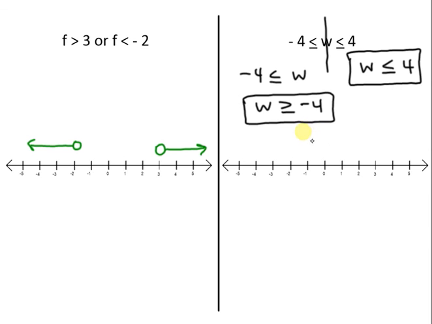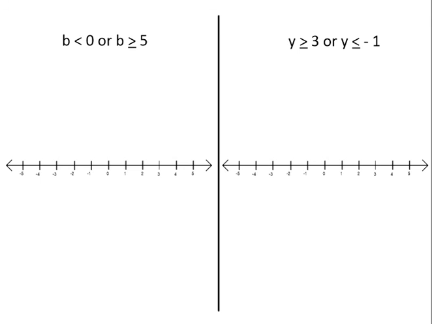So I'm going to draw my two circles first. So I have a closed circle over -4 and a closed circle over +4. And they should join. And always double check that they should join. So for example, the one over -4 I know is going to the right, and the one over 4 is going to the left. So they do join.